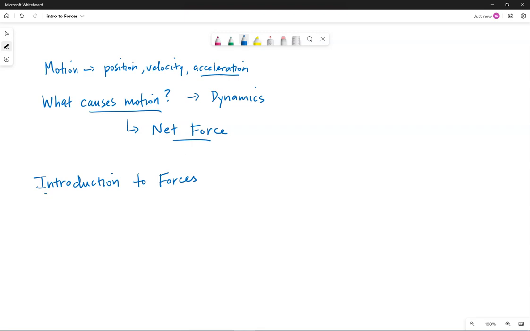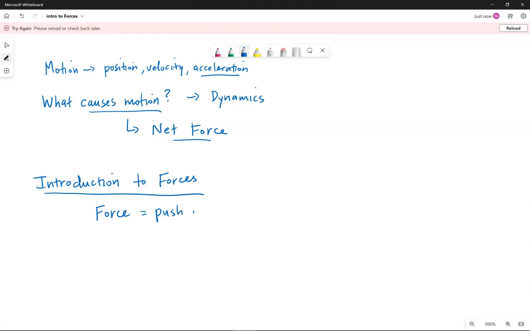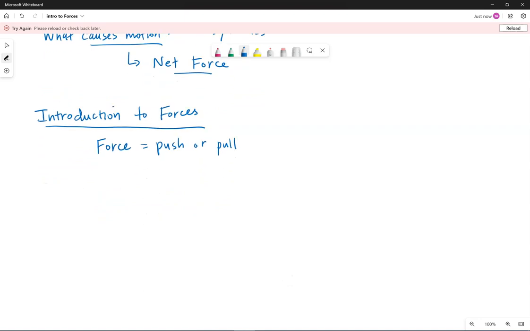Now, the concept of force is probably not new to any of us. A force is any type of push or pull. There's many ways to push or pull, and we're going to talk about different types of forces and how to look at how forces affect motion.